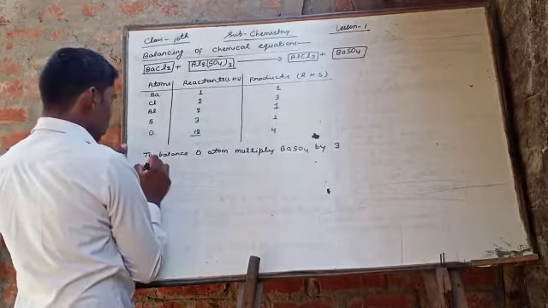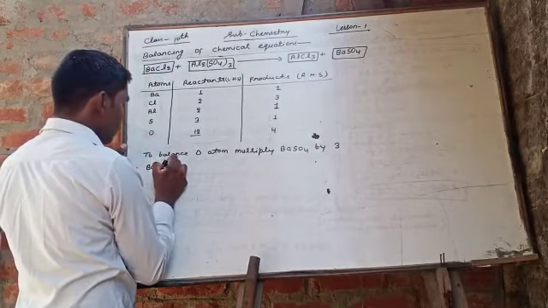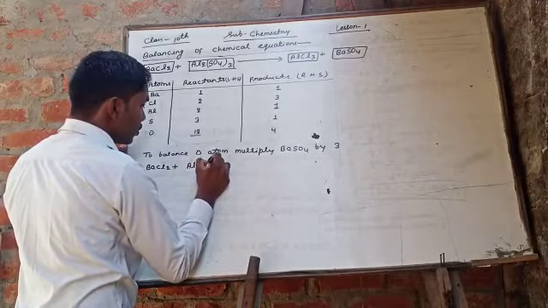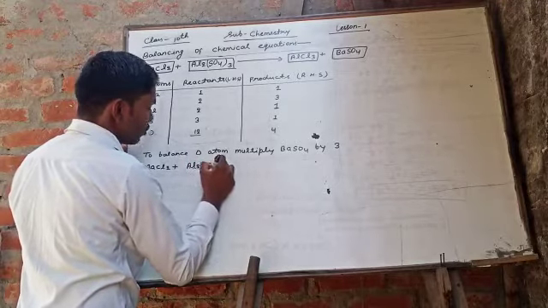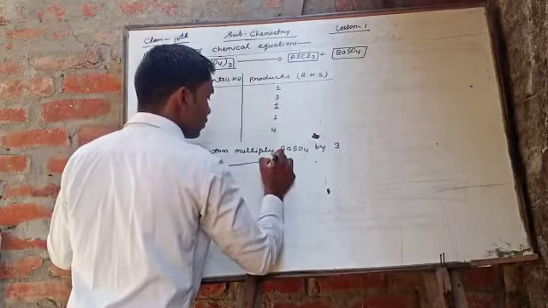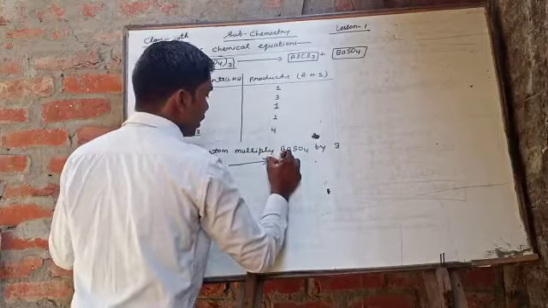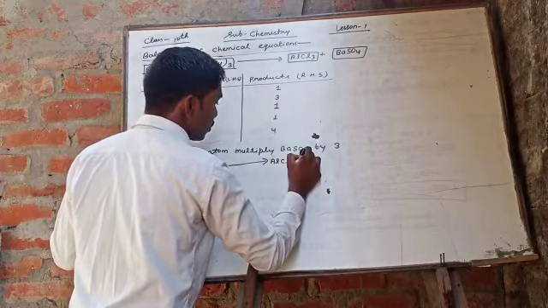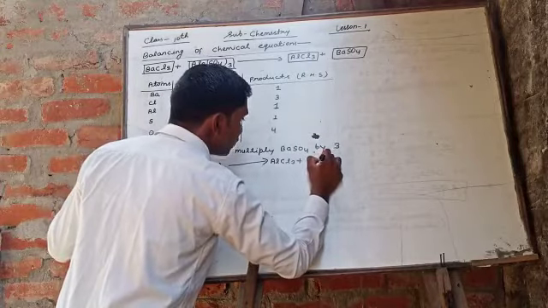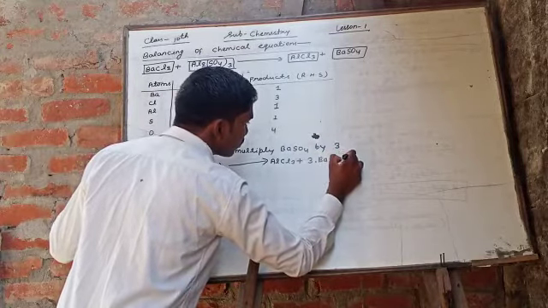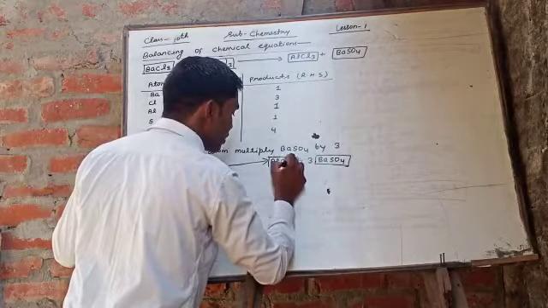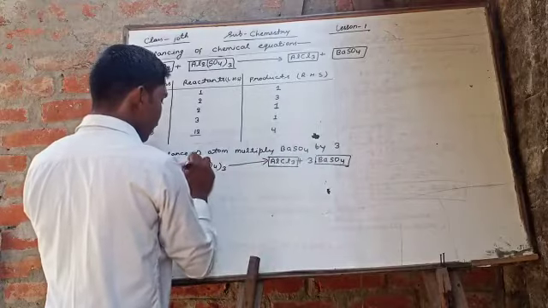So now BaCl2 plus Al2(SO4)3 is equal to AlCl3 plus, we are multiplying by 3, so 3BaSO4. Now we can make this box.